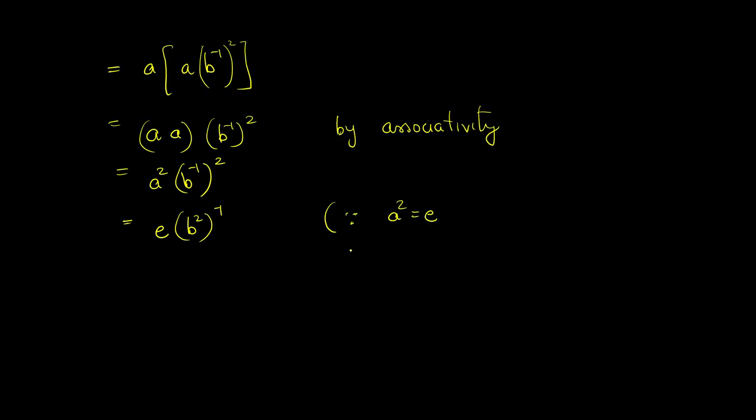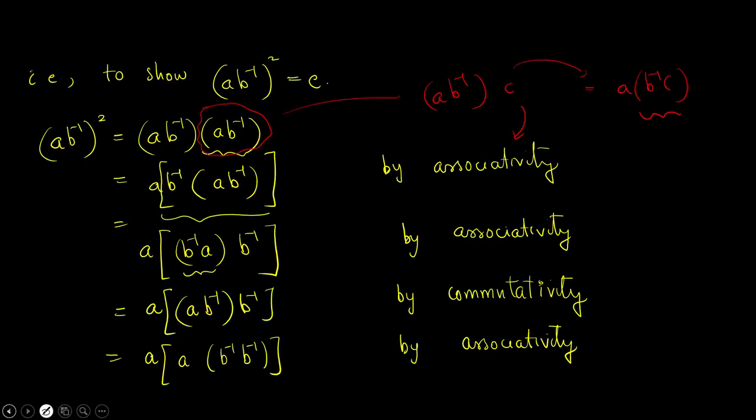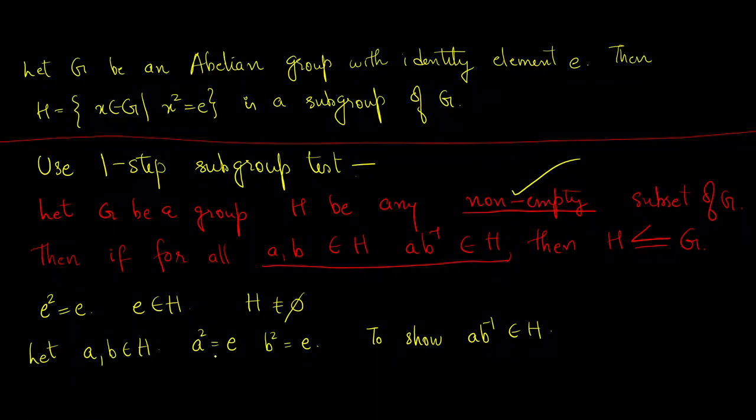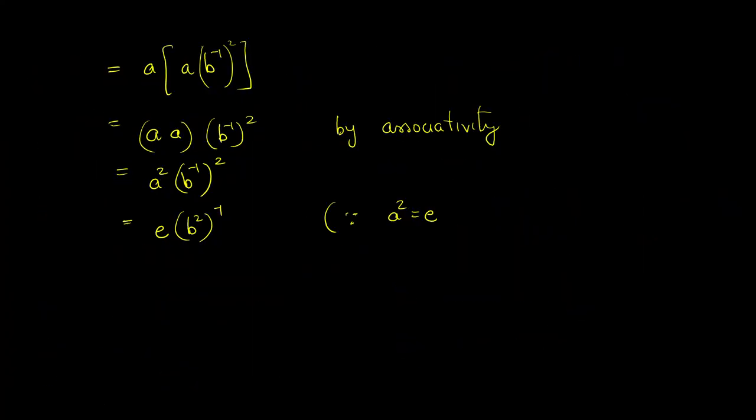Why is A squared identity? We had already written it here, and we are just applying that, since A and B are in H. Now we know that B inverse whole squared is actually equal to B squared whole inverse.